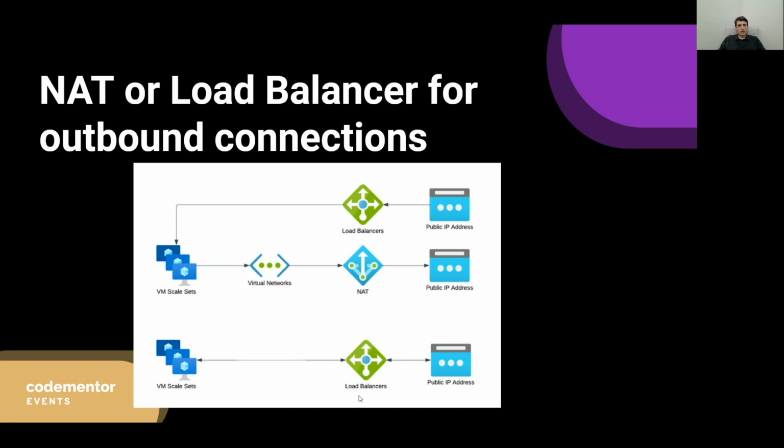So the load balancer itself can be distributed between zones, and what you need to do is just choose the standard load balancer tier. It's done by default in a Kubernetes cluster, and that's it. You have multi-zone availability for your load balancer.